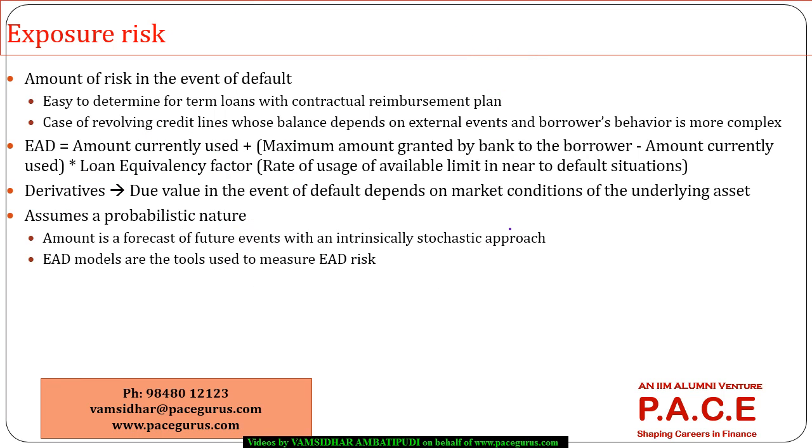Then we also talk about the exposure risk, which is purely associated with the amount of risk in case of default of a particular counterparty, the amount that is at risk.